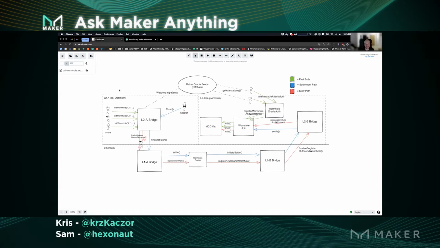So we have DAI on one domain like Optimism, and we want to teleport it to another domain like Arbitrum. This is needed for many different reasons, but also if you have optimistic rollups, you have this problem of slow withdrawals, right? Withdrawing to layer 1 takes 7 days.